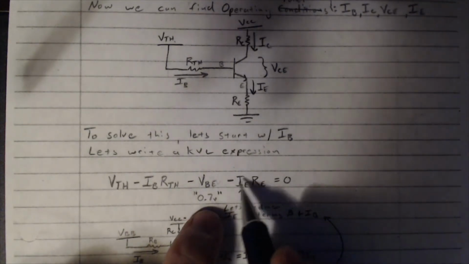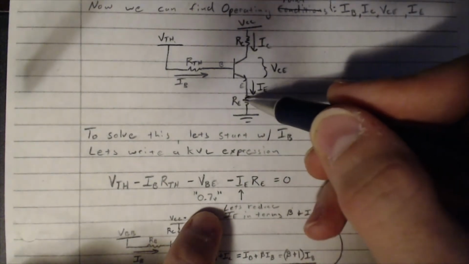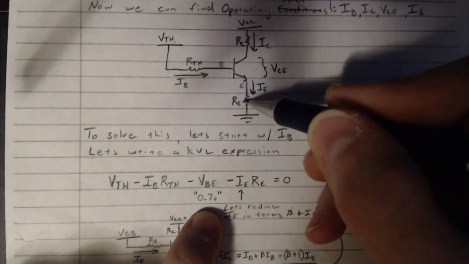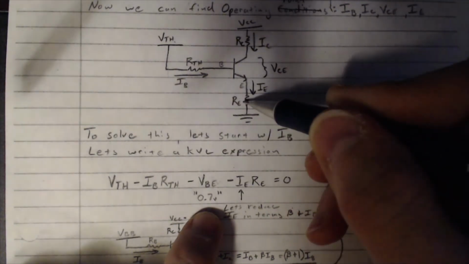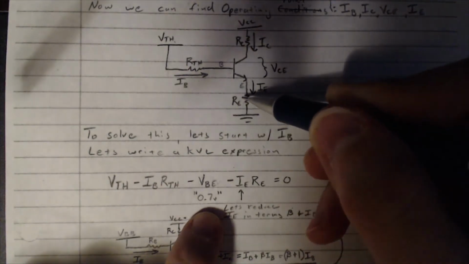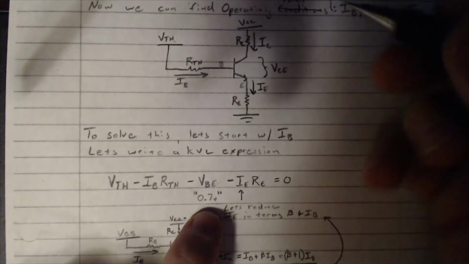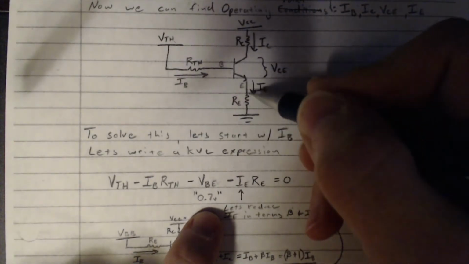Now this is new, right? We didn't have this emitter resistance in our original base bias circuit, the base bias transistor circuit that we learned how to solve before all of this happened. So we need to also include the voltage drop across RE.